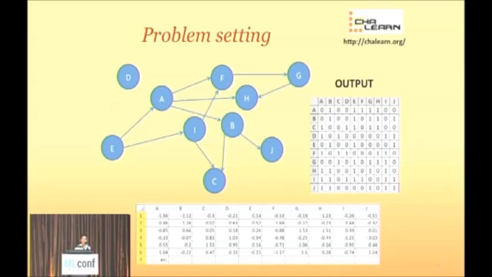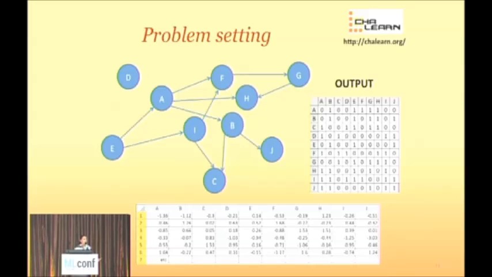But what we want to do here is to be able to produce a graph, which means that each variable interacts with another variable. And each node here represents one of the columns of the matrix, so one of the variables. And each link means that there is a direct causal effect between one variable and another variable.